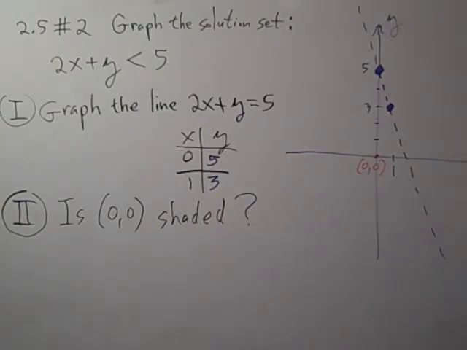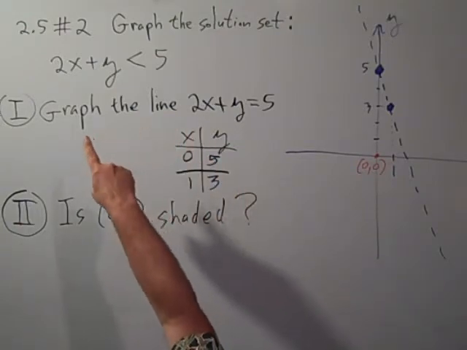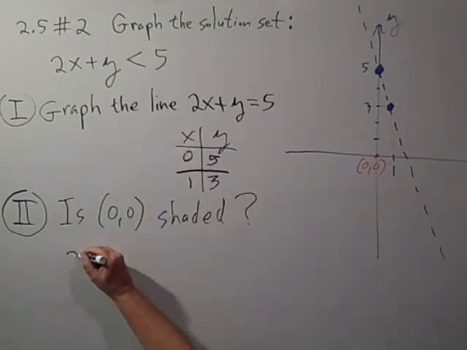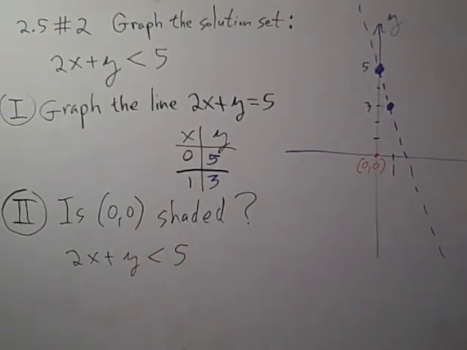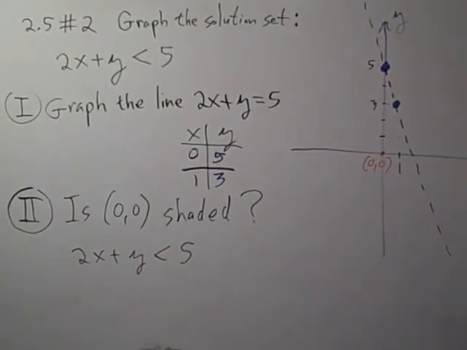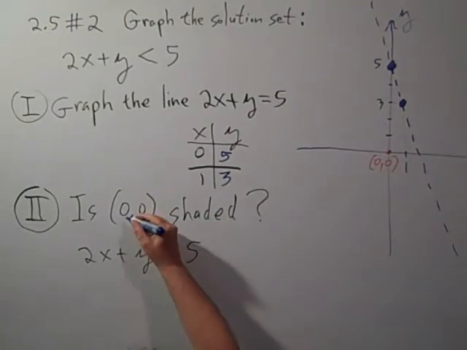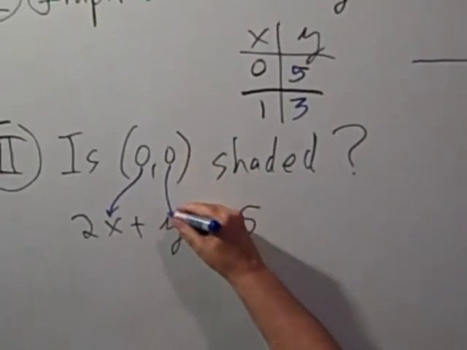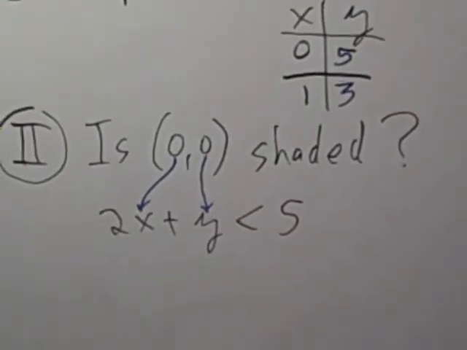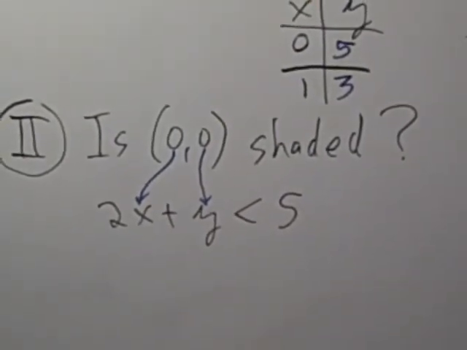We just have to answer that question. The way to answer that question is to go back to the original inequality. I'm going to write it down here. 2x plus y less than 5. And we simply wonder, if we plug in the x coordinate into the x position here and the y coordinate into the y here, is that less than 5?